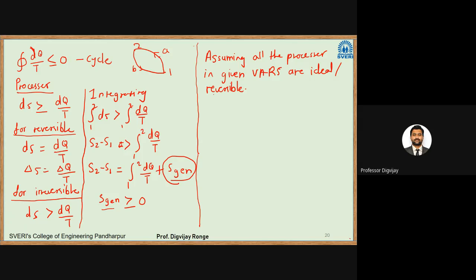If I apply the Clausius inequality, we know that the integration dq by T will be equal to 0.